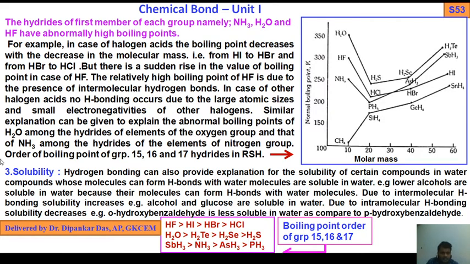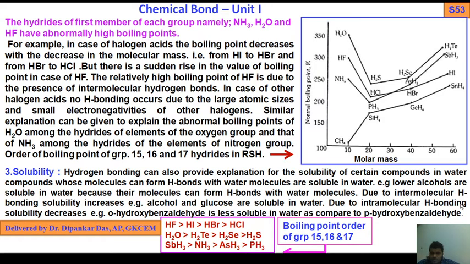So again I tell you what will happen. Hydrogen bonding can also provide explanation for the solubility of certain compounds in water. Compounds whose molecules can form hydrogen bonds with water molecules are soluble in water. For example, lower alcohols are soluble in water because their molecules can form hydrogen bonds with water molecules.